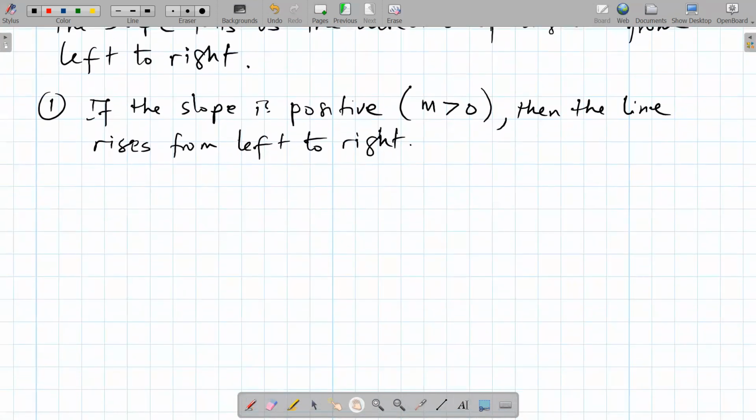And this is what you see if you want to look at the sketch. This is just a very simple sketch I'm doing here. X, this is Y. Let me get this line here.